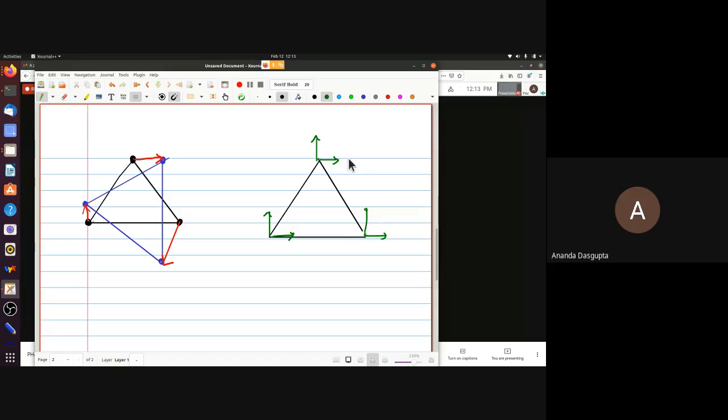So 6 basis vectors, E1, E2, E3, E4, E5 and E6. And the general displaced configuration would be essentially given by x1 E1 plus x2 E2 plus x3 E3 plus x4 E4 plus x5 E5 plus x6 E6. But you know that x1, x2 essentially talk about the displacement of this atom, x3, x4 about this atom, and x5, x6 about this atom. Okay, so we have a 6-dimensional vector space.